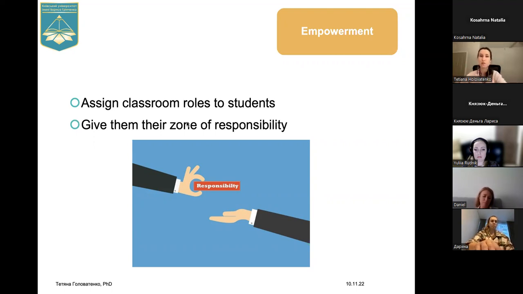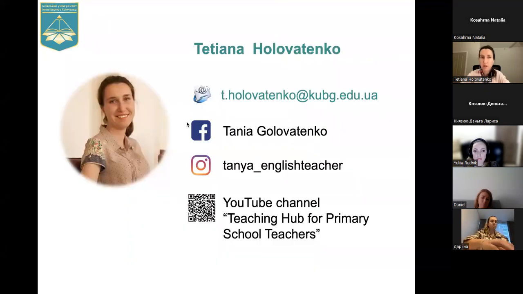There's still this warmth and pleasant atmosphere, people who care about them all around them. So give them their zone of responsibility in your classroom, and then they will feel empowered. This was the last technique that I wanted to present to you.